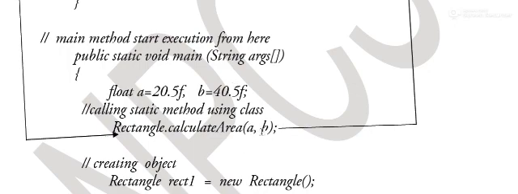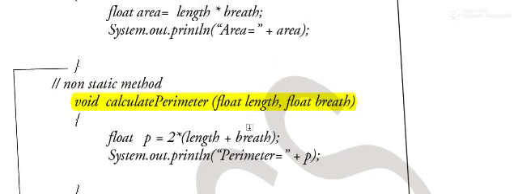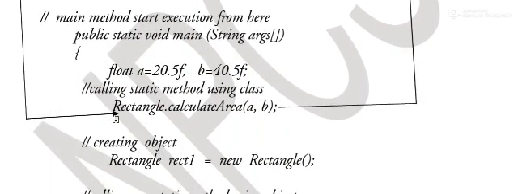These parameters are sent when we call the method to where it is declared, and both are copied into the formal parameters length and breadth. After calculating the result, display the result and then the control goes back to the place where it was called.